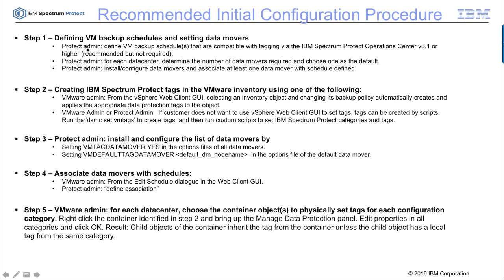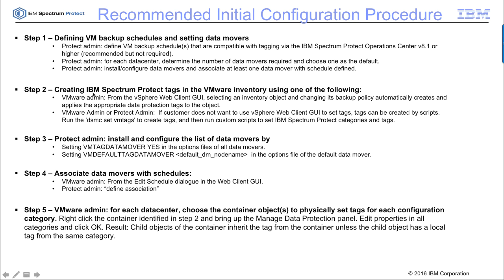First of all, as part of the initial setup of Spectrum Protect, you're going to define your VM backup schedules on the Spectrum Protect server and set up your data movers.